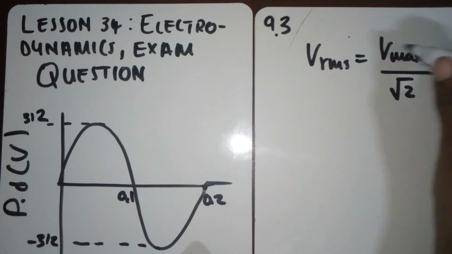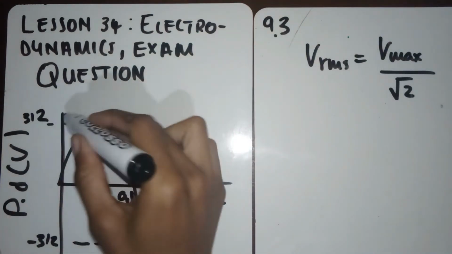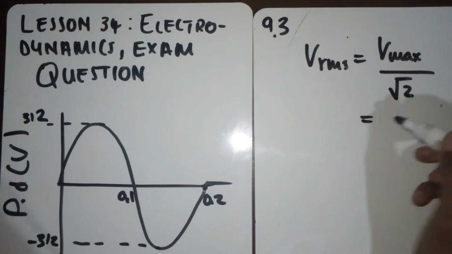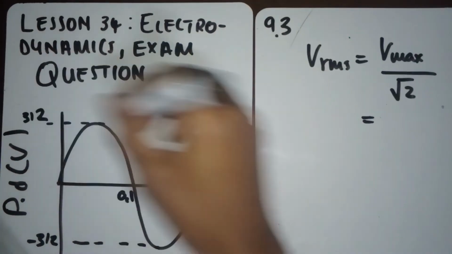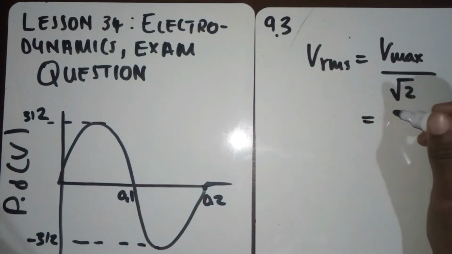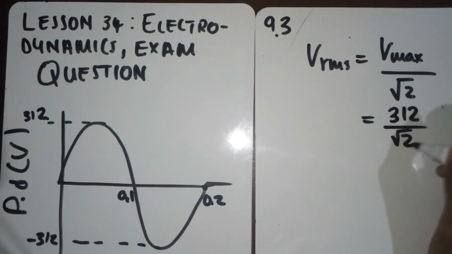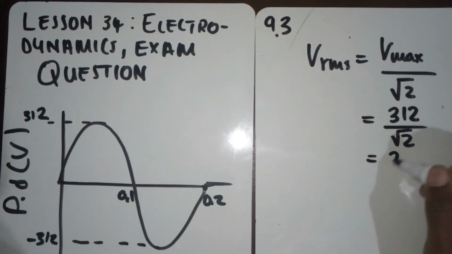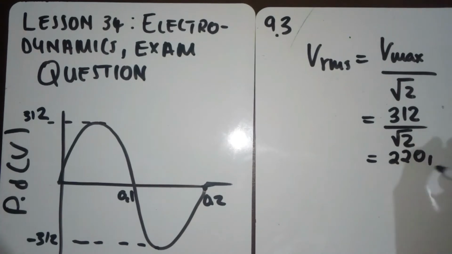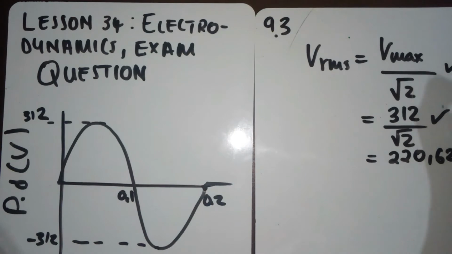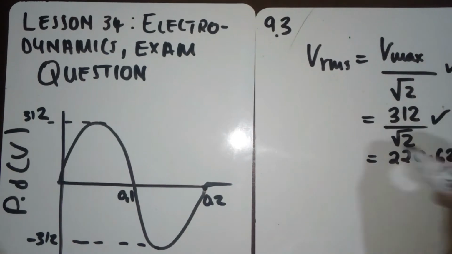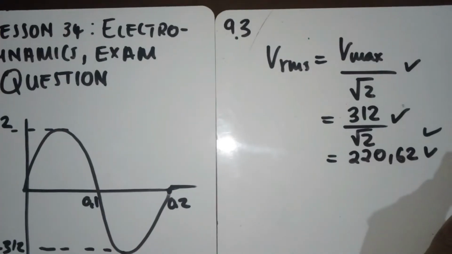V_max, we have agreed that this value of 312 volts is our V_max value. That's our peak voltage. So we just substitute 312, all of it divided by the root of 2, and that will give us a value of about 220.62 volts. That is with 3 marks: equation, substitution, as well as the final answer.